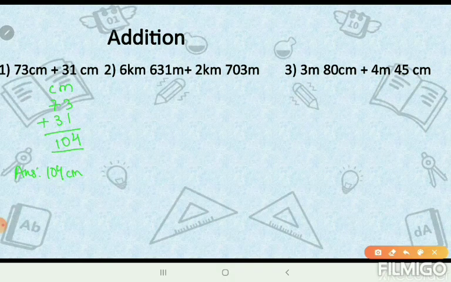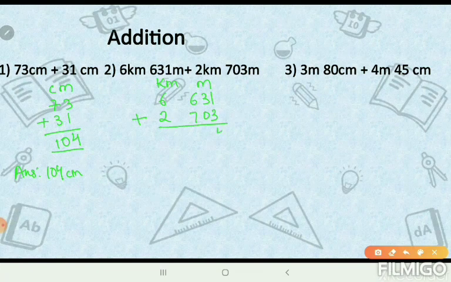Second one, 6 kilometer 631 meter plus 2 kilometer 703 meter. So two different units. So we are going to arrange it into two different columns. First it is 6 kilometer 631 meter, and here we have to add 2 kilometer 703 meter. We are going to add it.